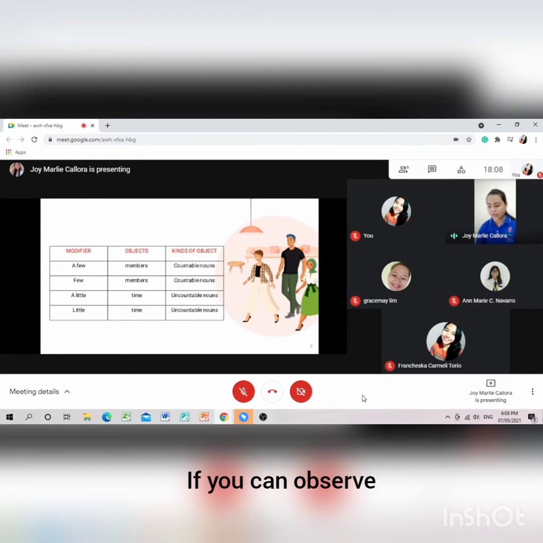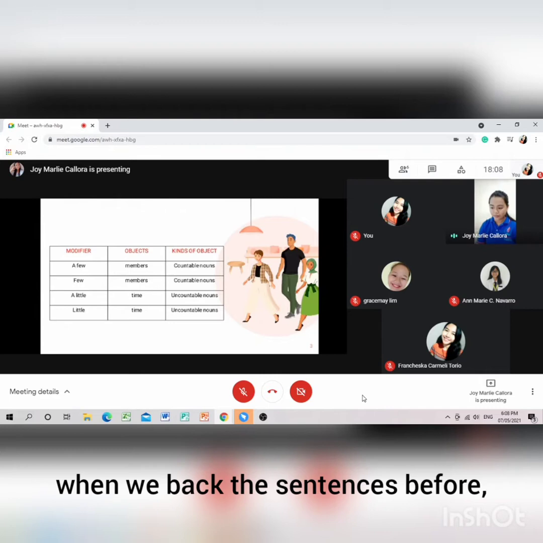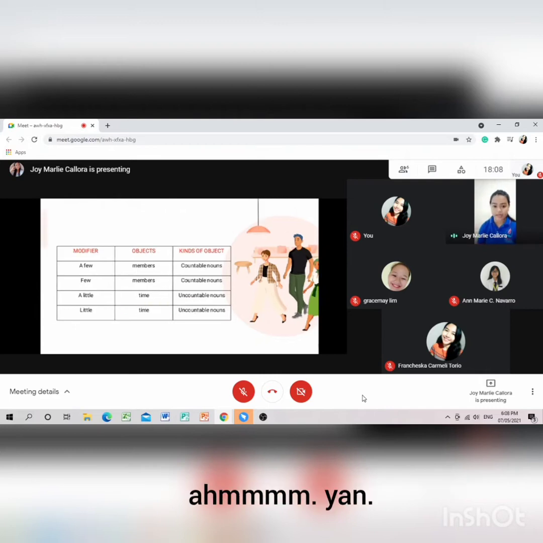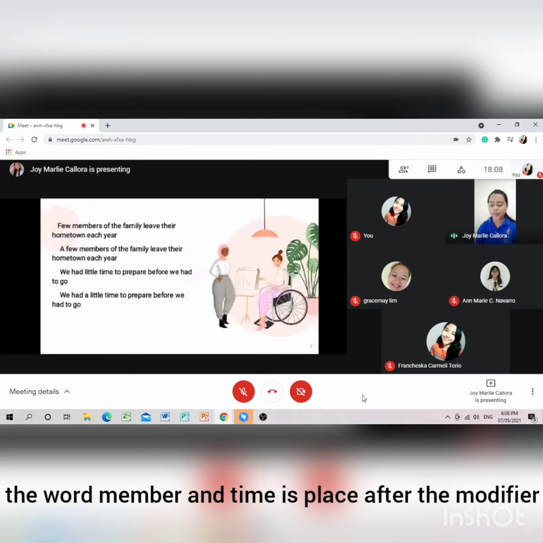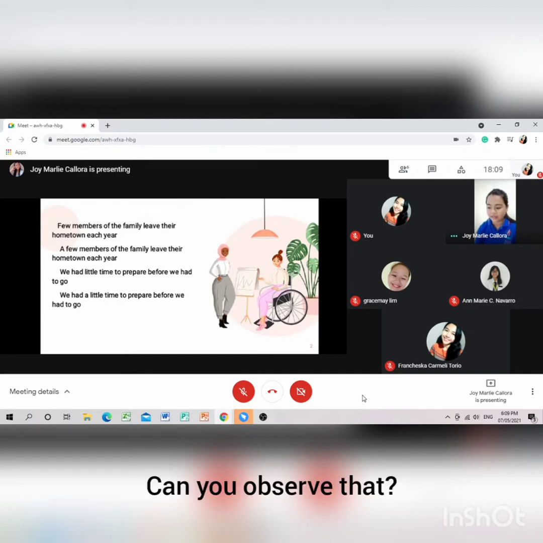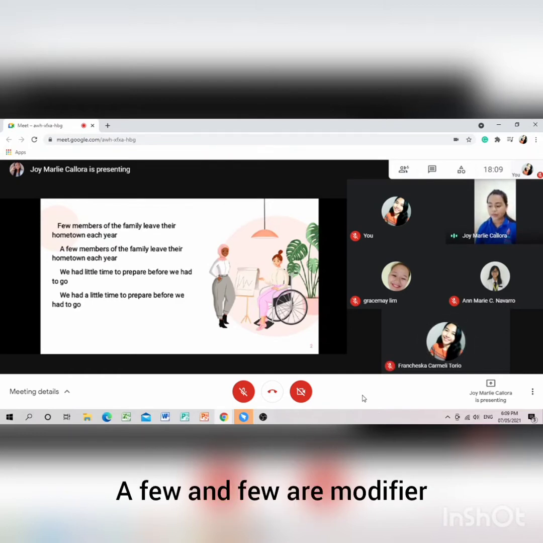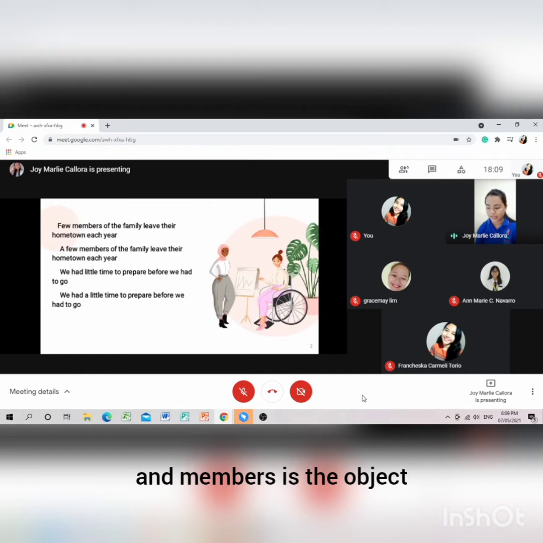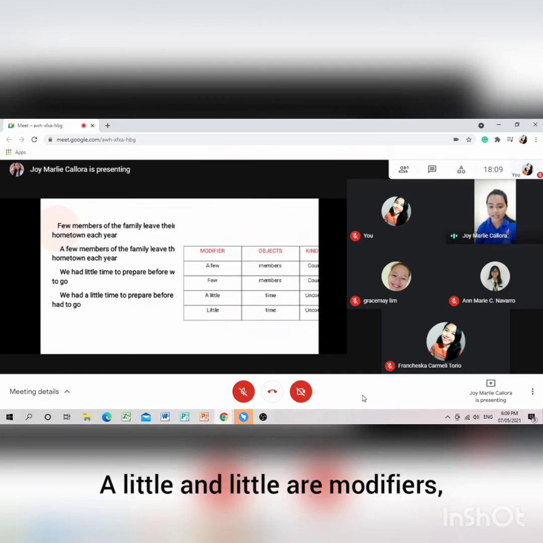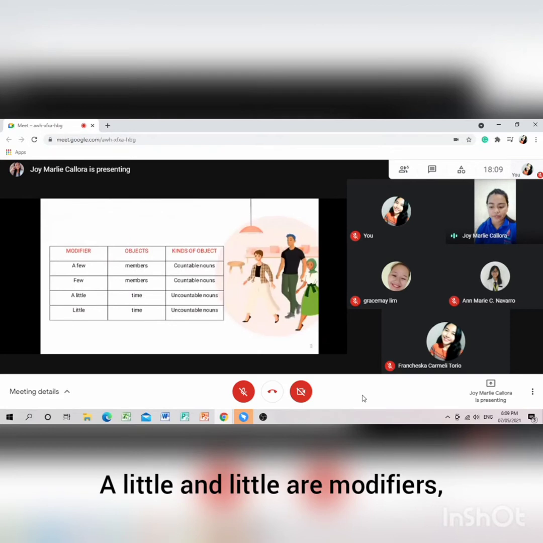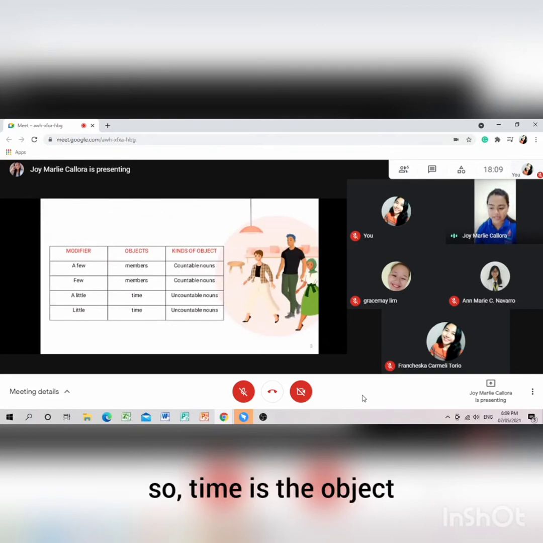If you observe, going back to the sentences before, the words members and time are placed after the modifier. A few and few are modifiers and members is the object. A little and little are modifiers, so time is the object.